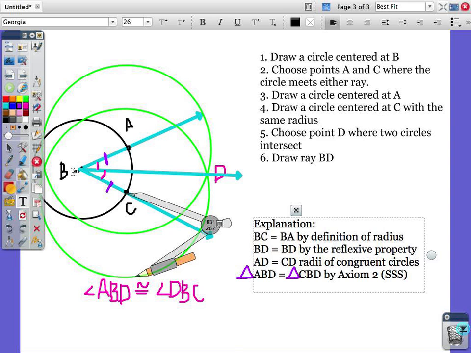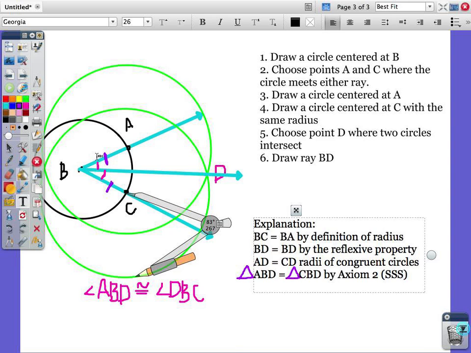They're corresponding figures, they're congruent figures. What are their corresponding parts? BD is a corresponding part, but it's not one that we care about. We care about this angle and this angle.